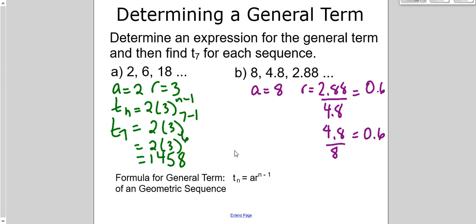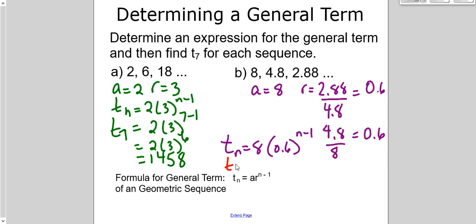And so if I now write my Tn, I have my A value and my R value, so Tn equals 8, bracket 0.6, bracket to the n minus 1.